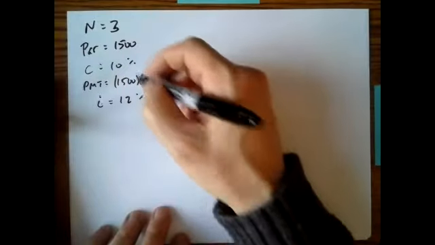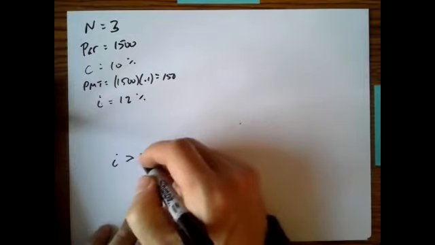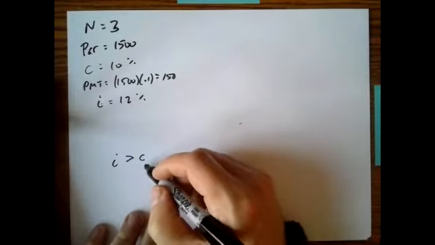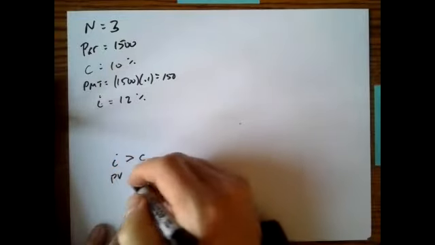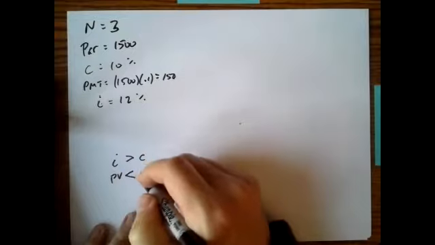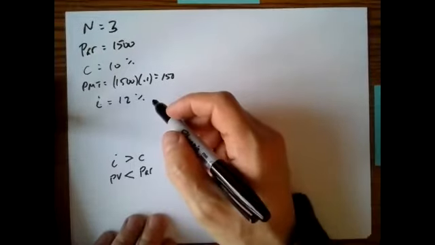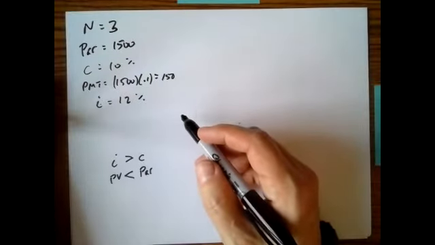We also know here that I is greater than C, so the market interest rate is greater than the coupon rate. That means the PV is going to be less than the par. So Dr. Smith is going to want to pay something less than $1,500 for this bond.